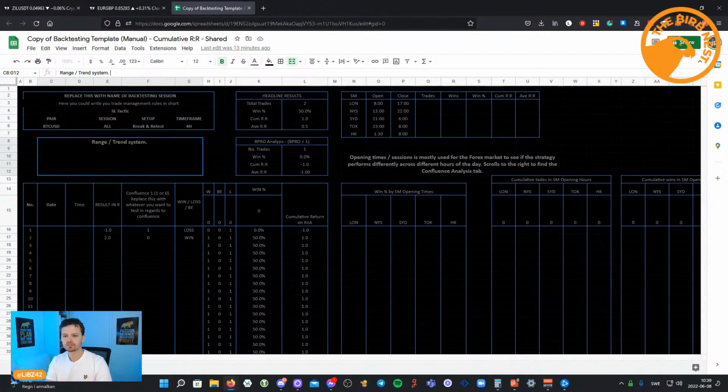So let's not care about if the market is in a range or a trend. It's not going to be a break and retest system, right? So we're going to sell resistance and buy support, right? And what indicators are we going to be using here?